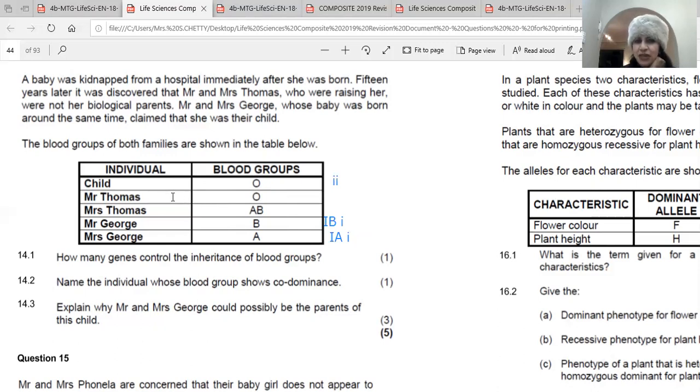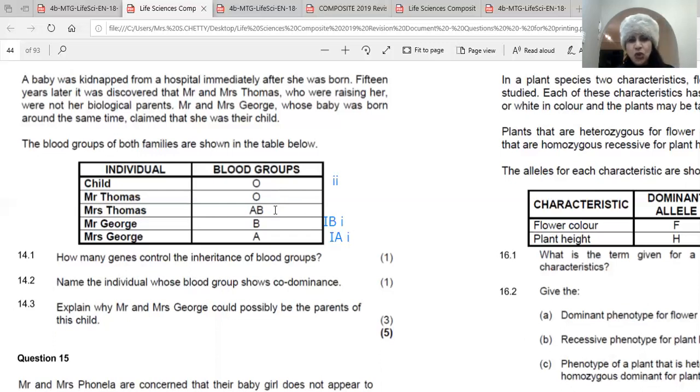Because for the child to be ii, or receive two recessive alleles, she needed to get one i from Mr. Thomas and one i from Mrs. Thomas. Please, these are not the physical eyes that we're talking about. We're talking about the recessive allele.